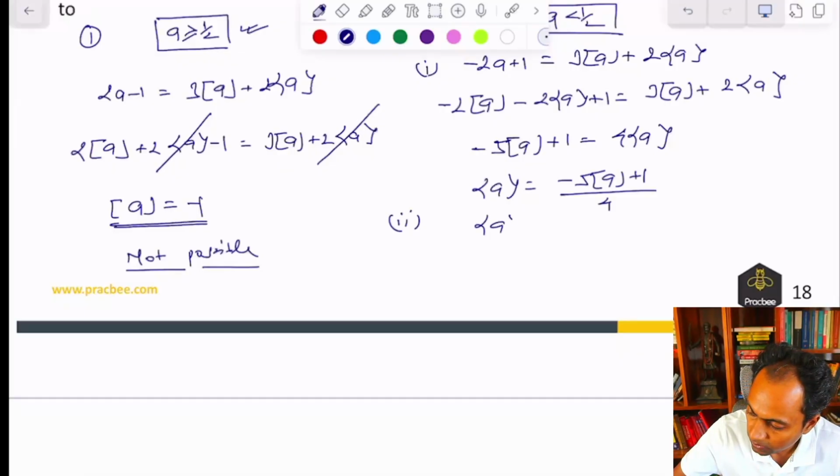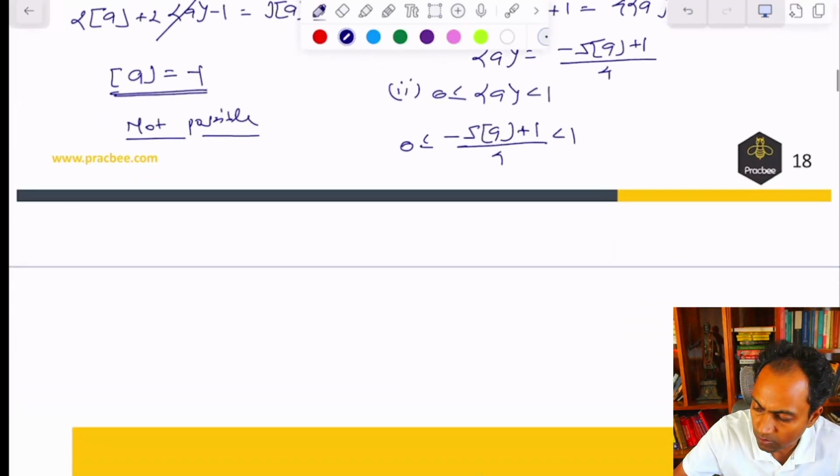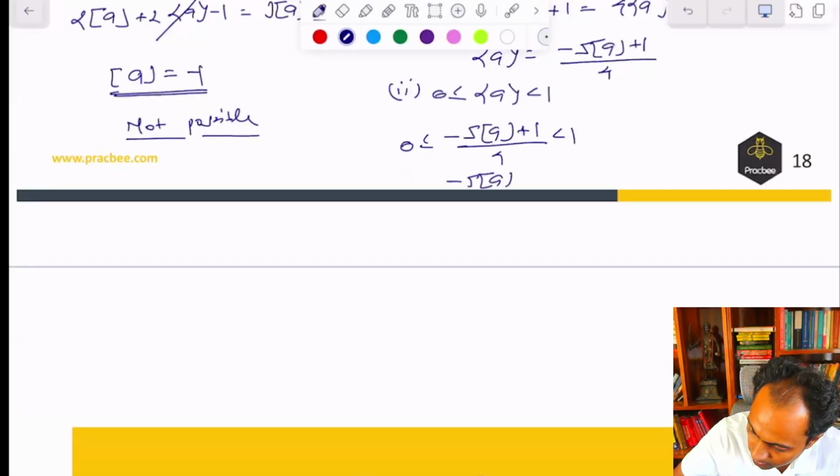See, the fractional part of a will always lie between 0 and 1. This is very commonsensical. If I put these values, minus 5 times gf of a plus 1 by 4, between 0 and 1, let us see what are the possible values of gf of a that we can get. So if I simplify, 4 will get multiplied on both the sides.